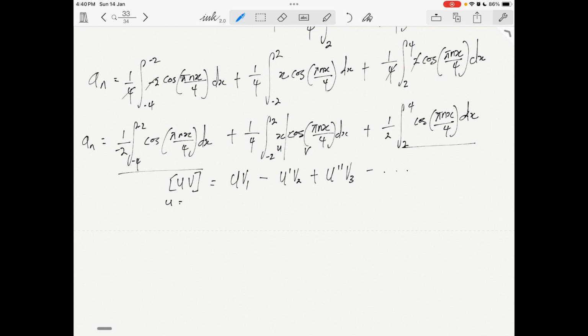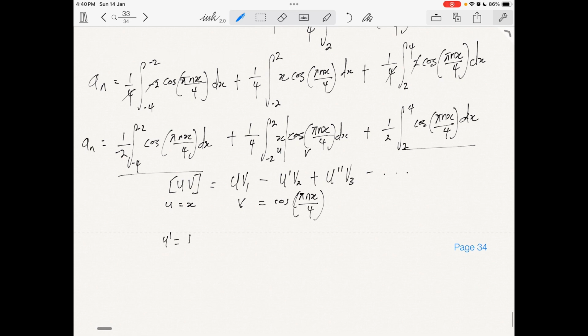And we know our u is equal to x, and our v is equal to cos(πnx/4). Our u prime, that means we are differentiating u with respect to x, is equal to 1, and our v1 is equal to the integral of v dx, and that is the integral of cos(πnx/4) dx.